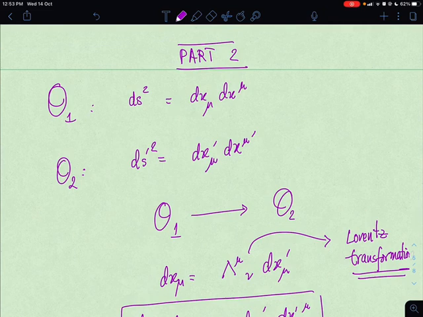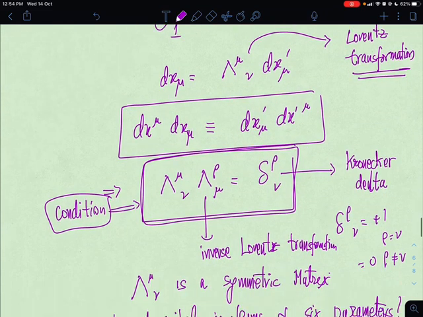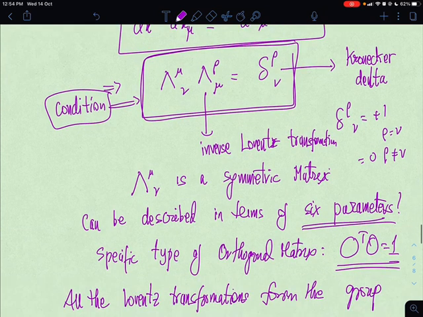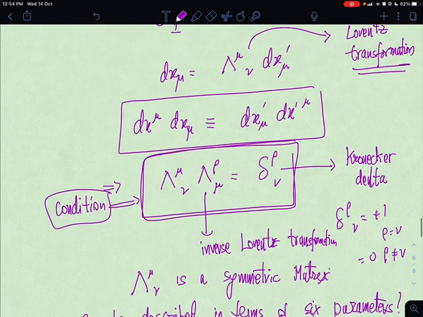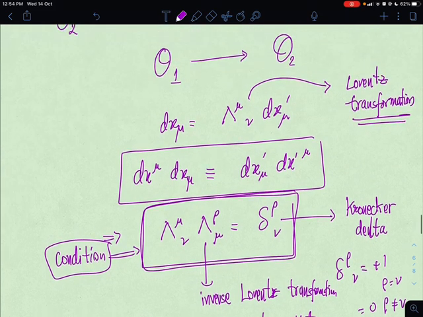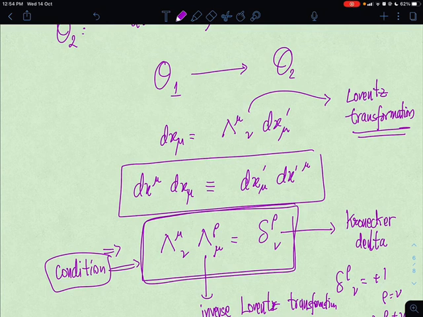So what we have seen is that a Lorentz transformation can be defined in terms of 6 parameters, and there is something called the inverse Lorentz transformation, and all this comes out purely from the definition that the line element should be the same in every frame of reference.